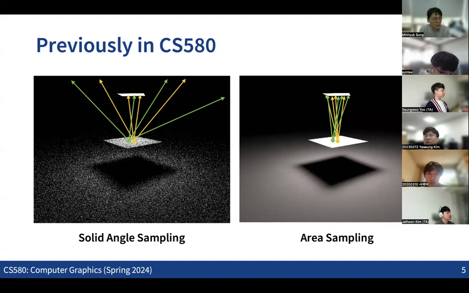While the limitation of taking samples of the solid angle was that many of the rays will not hit the light source, which means that those rays will not contribute to the computation of the reflection. So that's why we can get a better convergence rate with area sampling on the right hand side, while we have a higher variance in the solid angle samples because in many cases the rays are not hitting the area light source.